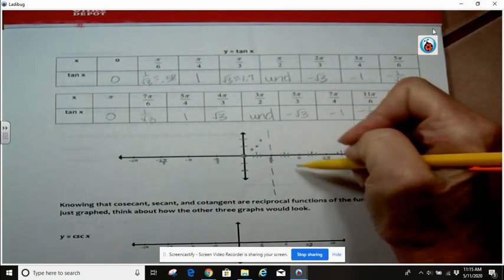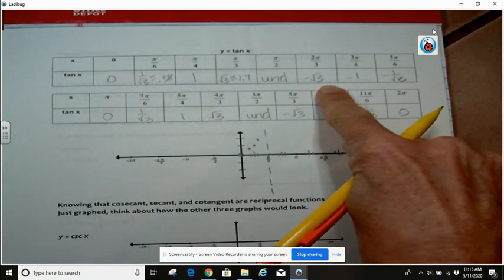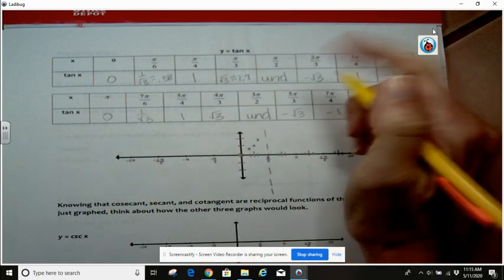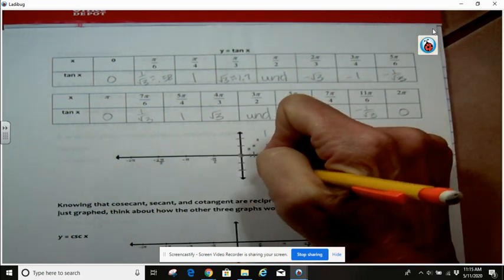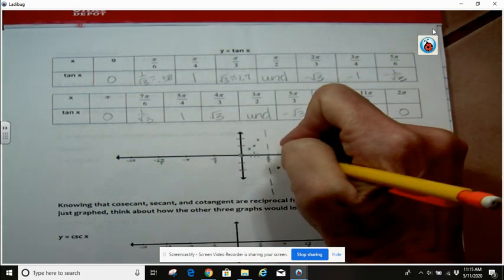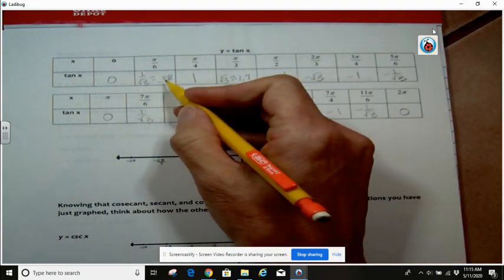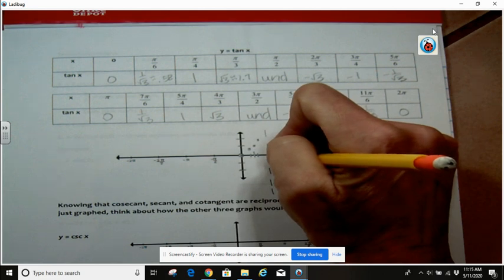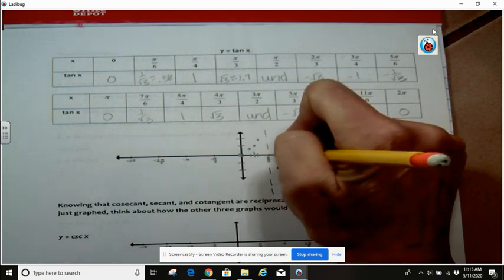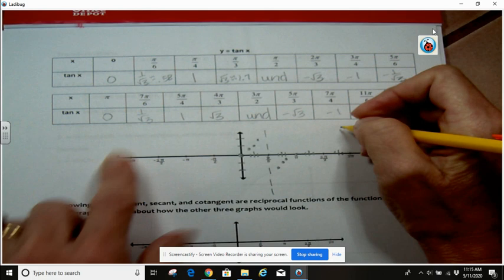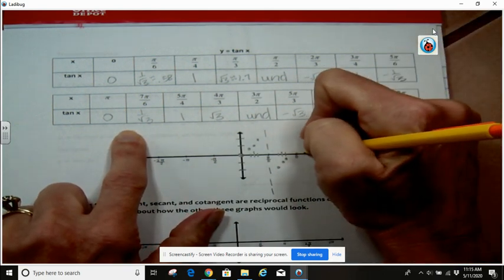All right, now we're hitting some negatives. So negative square root of 3 would be like negative 1.7. And then negative 1. And negative 1 over square root of 3, that's negative 0.58. Then we hit 0. Then we're back up to the positives again. So 0.58.